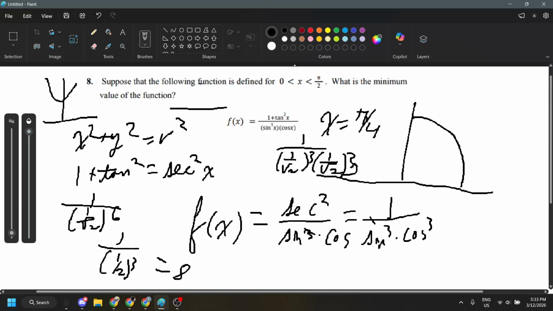It could also very well look like this. If we want to minimize this, then we want to maximize sine cubed times cosine cubed, so I think we just did it. But another thing we could check is whether the function looks like this or this, where this is pi over 4.